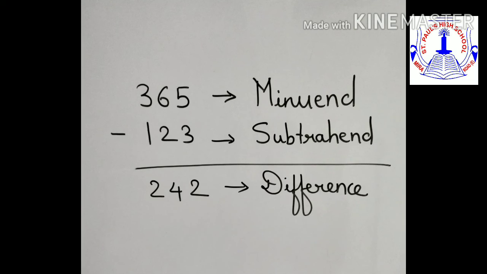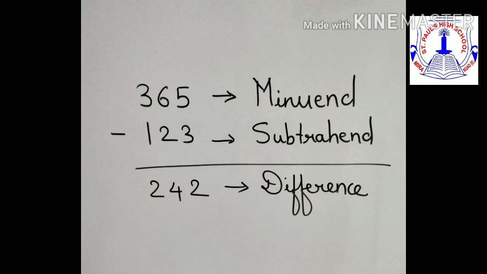In a subtraction sum, the number from which another number is subtracted is called minuend. The number which is subtracted is called subtrahend. And the answer we get after subtraction is called difference.